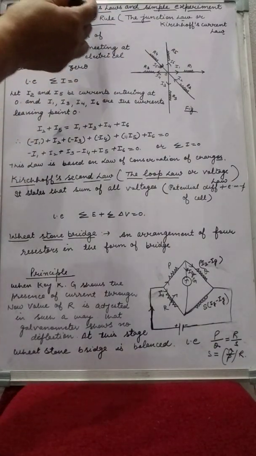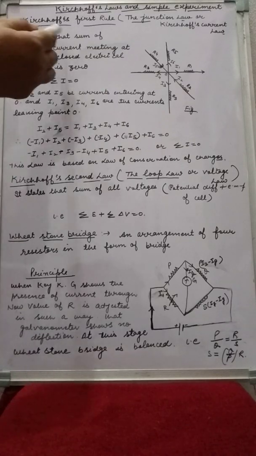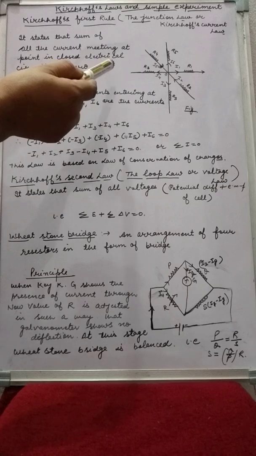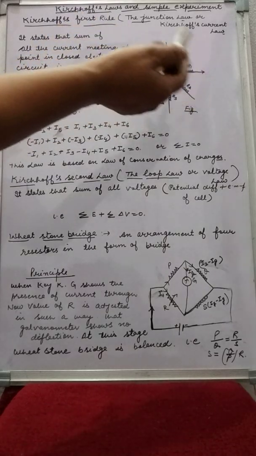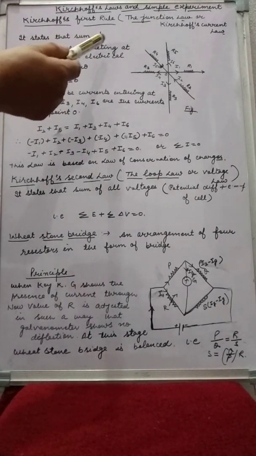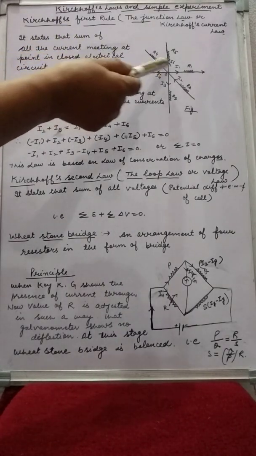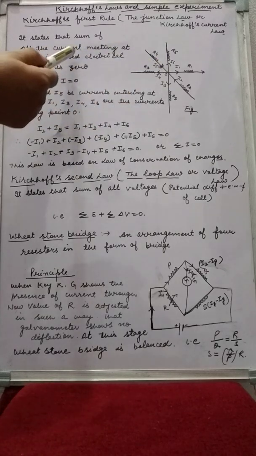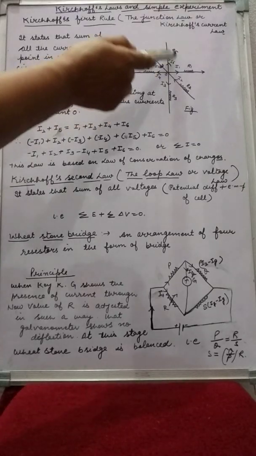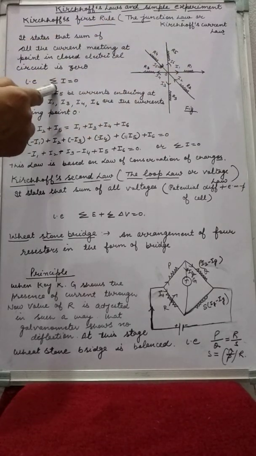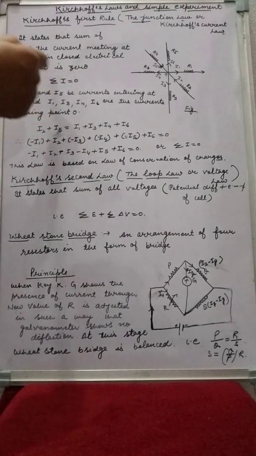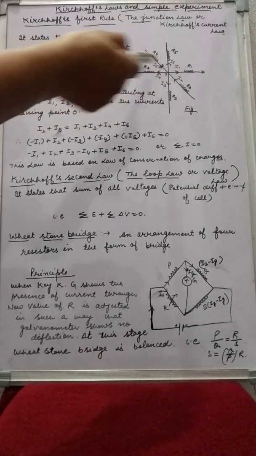So Kirchhoff first law is that the sum of all the currents meeting at a point, whether leaving or entering, in a closed electrical circuit is 0. That is, summation I is equal to 0, meaning the sum of all the currents leaving or entering is 0.